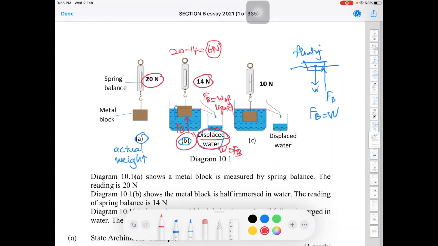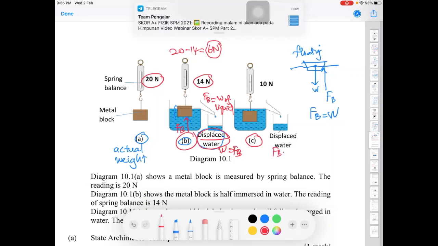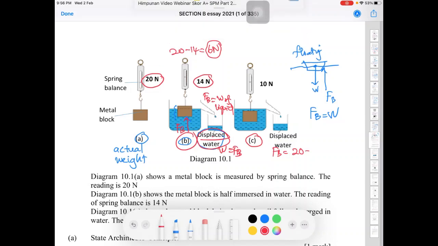Okay. So what about di sini pula? Case 3. Tengok case 3. So case 3, semua objek itu submerged wholly. Totally submerged inside the water. Jadi kalau you nak cari buoyant force kat sini adalah 20 actual weight minus apparent weight. So you akan dapat 10 Newton. So this is the buoyant force when the object is immersed wholly in the water.